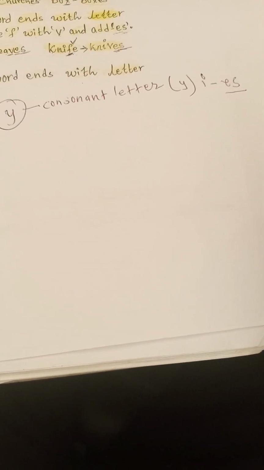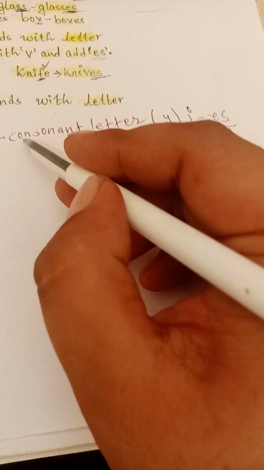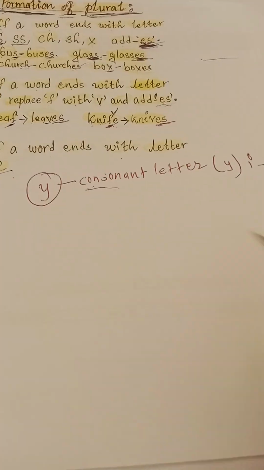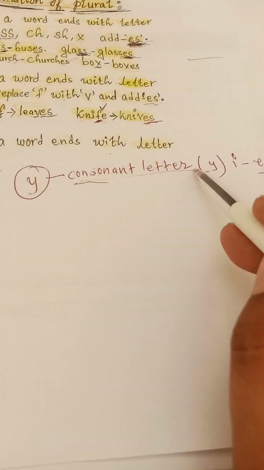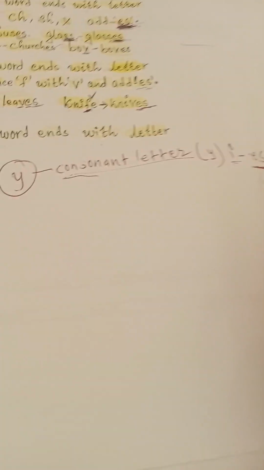If a word ends with letter Y, first we have to watch the letter before Y. If the letter before Y is a consonant letter, we have to replace that Y with I and we have to add es to form plural.